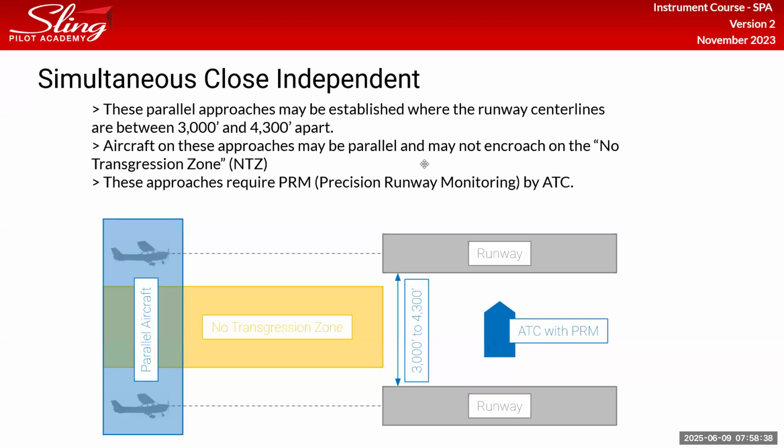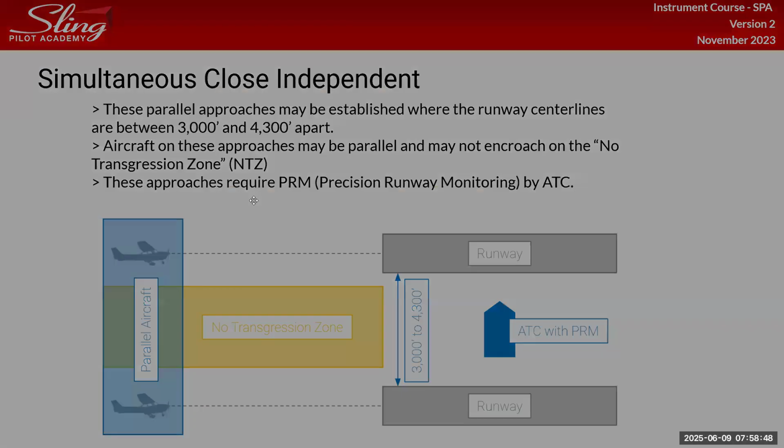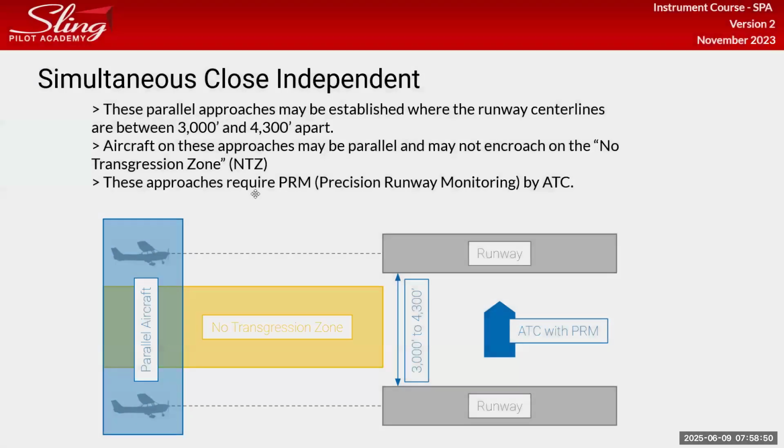Now the simultaneous close independent, runway center lines are between 3,000 and 4,300 feet apart. So a little bit closer. Aircraft on these approaches may be parallel, not encroach the no transgression zone.